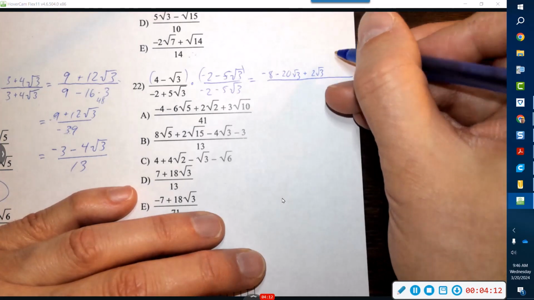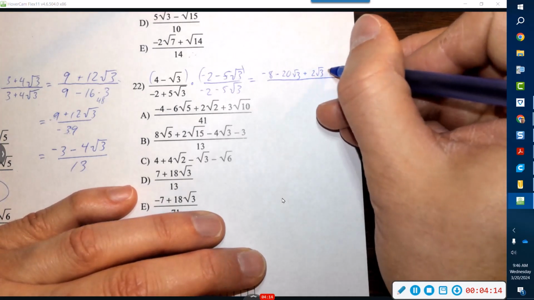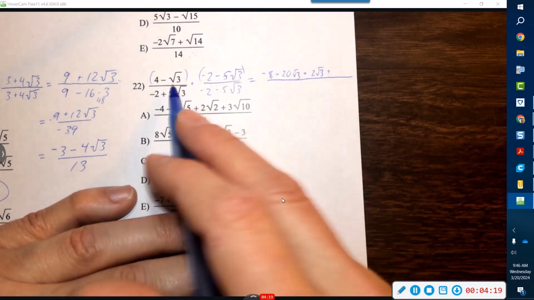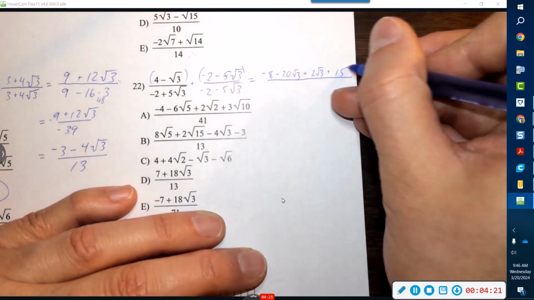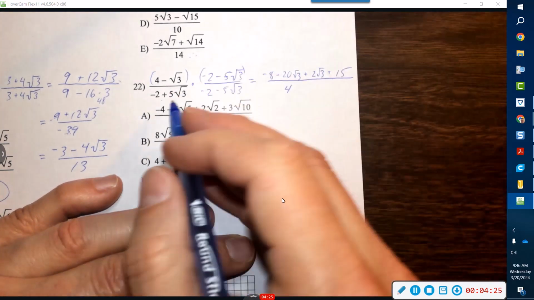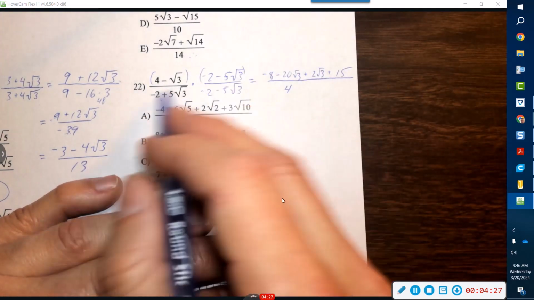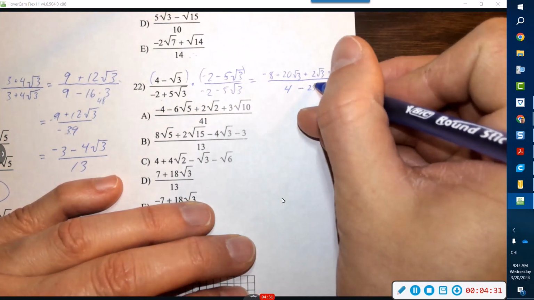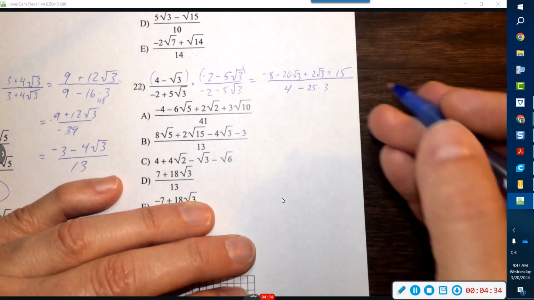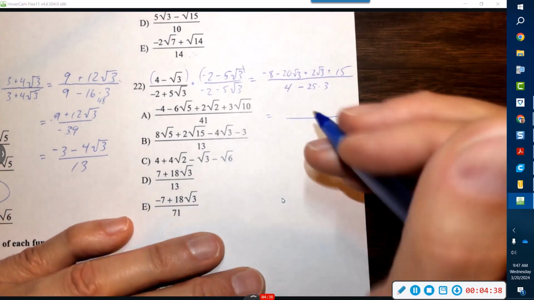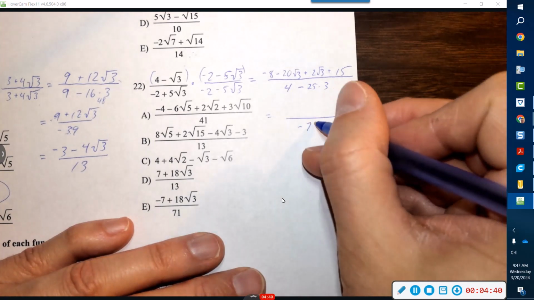Doesn't always happen. Then I'm going to get plus 5 times radical 3 squared, which is just 3, so that's going to be 15. Then I'm going to multiply these, that's 4, and then the middle terms cancel out, so I'm going to get a minus 25 times 3, which is 75. So what is 4 minus 75? It is negative 71.